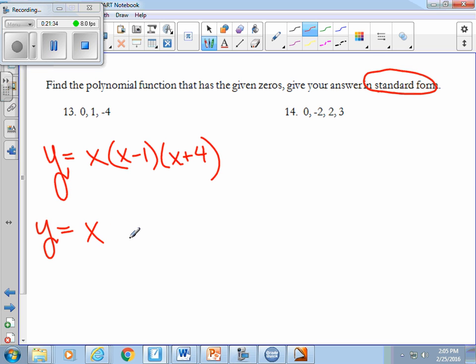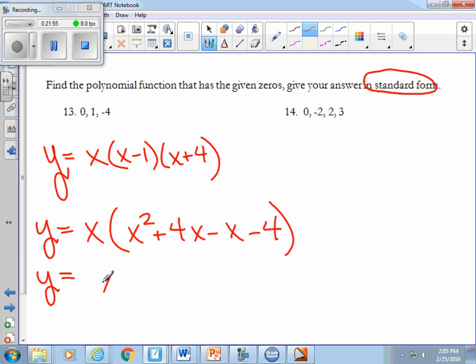Multiplied out. So I'm going to multiply the two that need to be FOILed out first. X squared plus 4x. Inner is negative x, and last is minus 4. And I'm going to distribute the x to all of those.